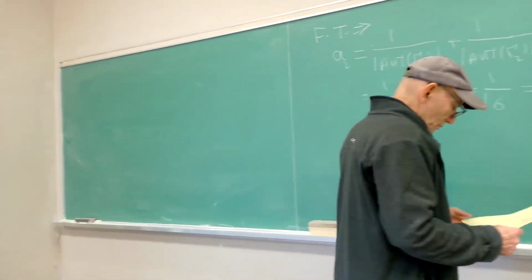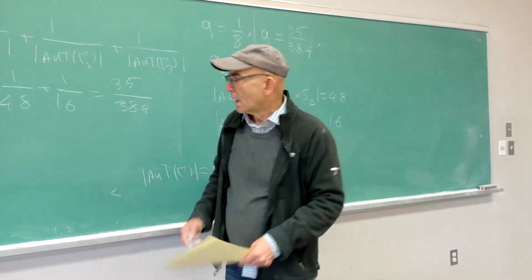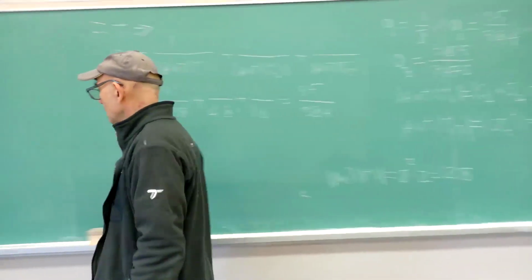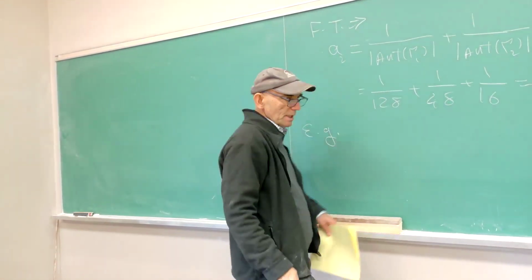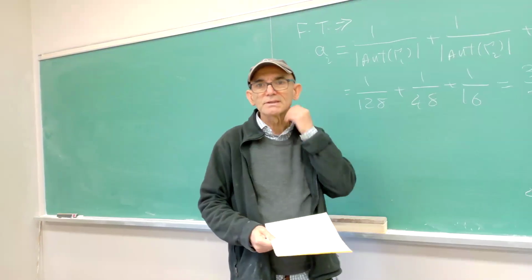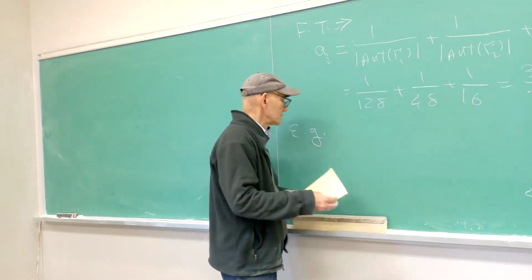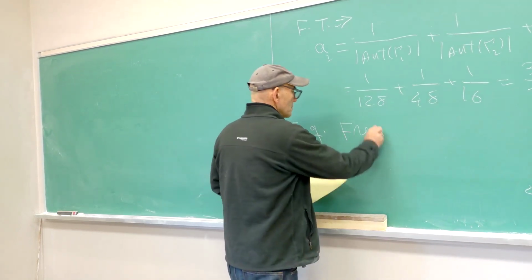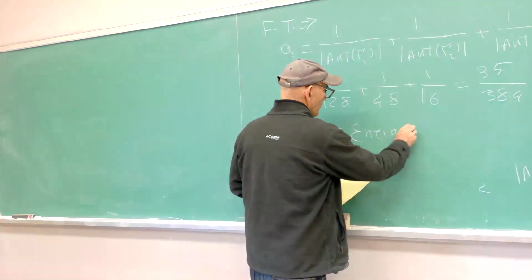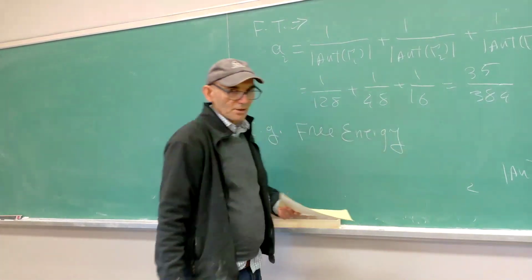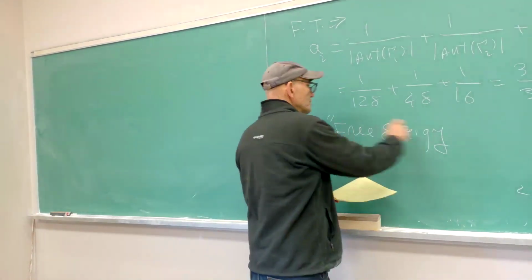Okay. So now let me give you another example. This example is related to a very important concept called free energy. We don't have to know what free energy means. It's really a pillar of statistical mechanics and quantum field theory, but it doesn't matter much.